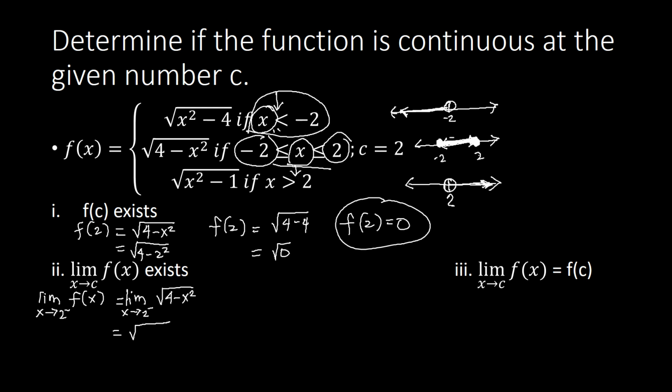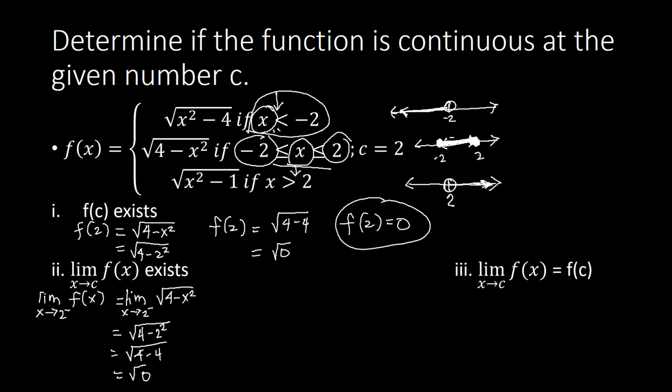So once we try to move closer to 2 there is actually no problem with it, because it will always be moving closer as well to the value which is 0 on y. So we're literally plugging in the value 2 here. So 4 minus 2 squared, that will be equal to the square root of 4 minus 4, and that is equal to the square root of 0.